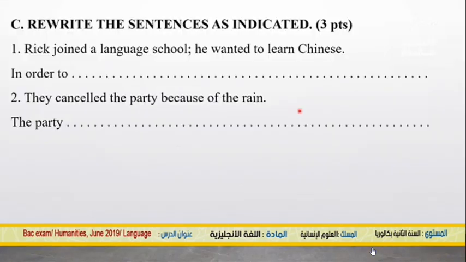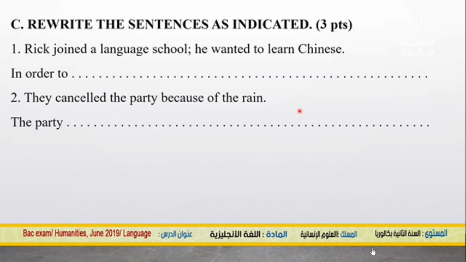Let's have a look at exercise C. In exercise C, you need to rewrite the sentences as indicated. Okay, so now let's read the exercise and show you how to deal with it. Exercise C. Rewrite the sentences as indicated.